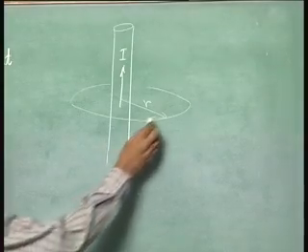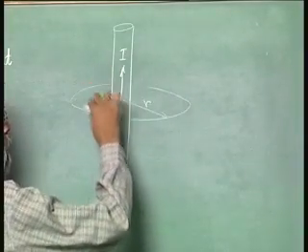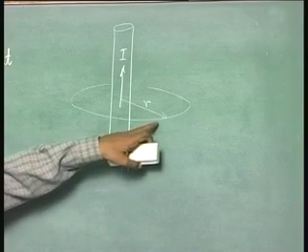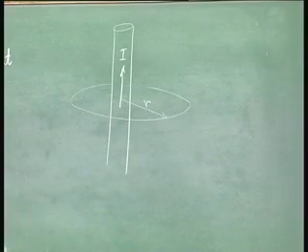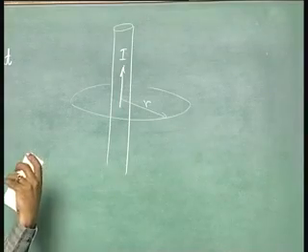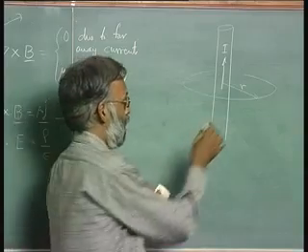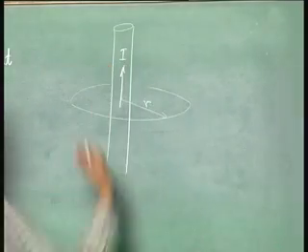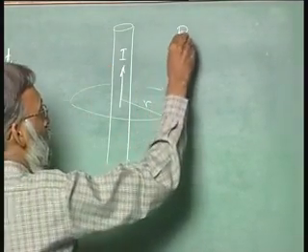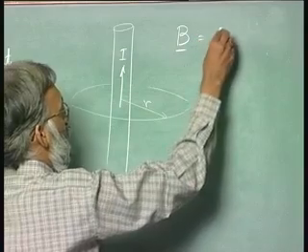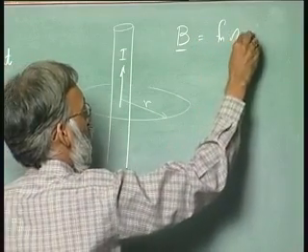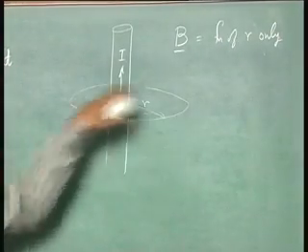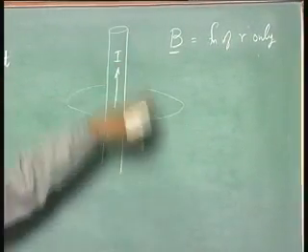Now, whichever angle I look at, the result should not change, because this problem does not depend on the angle about which I am measuring. So, my instrument must measure the same B here as here as here. So, B must be a function of r only, cannot be a function of theta, and it cannot be a function of z.